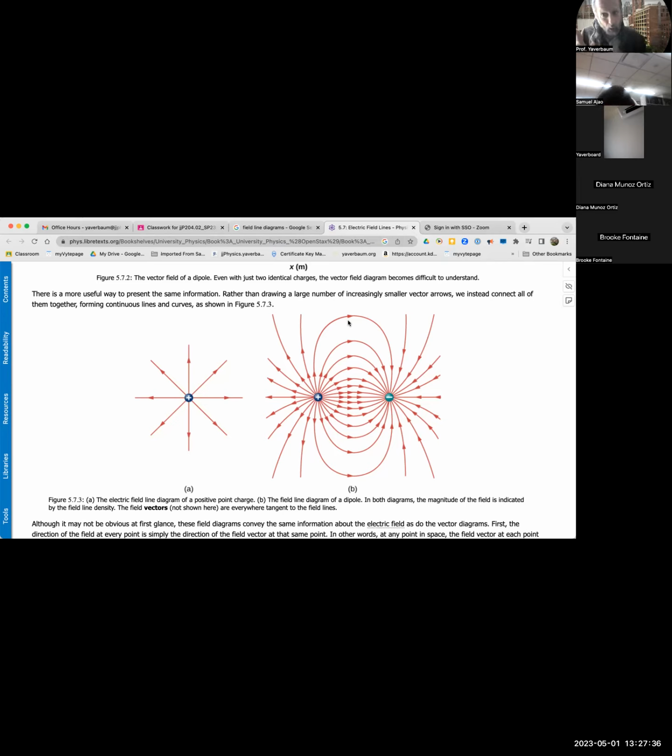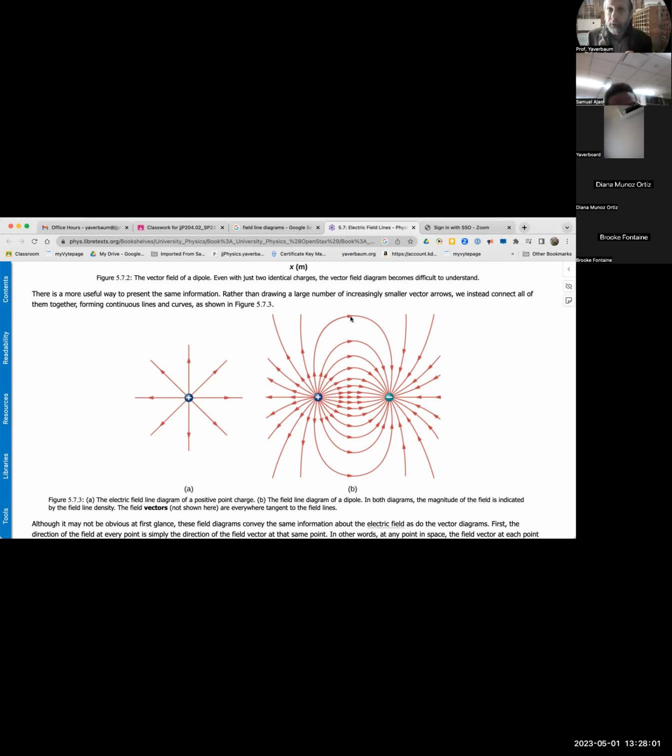Now follow this, and we're almost done, but please bear with me here. There would also be an arrow at this location that I'm hovering, pointing down and to the right due to the negative point source, the electron in light blue. There'd be two vectors there, one from each source.